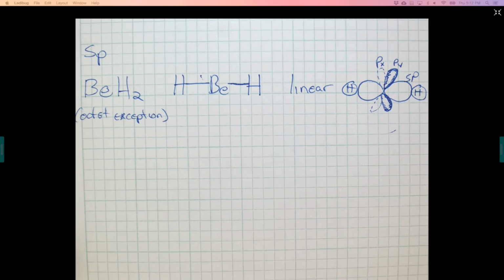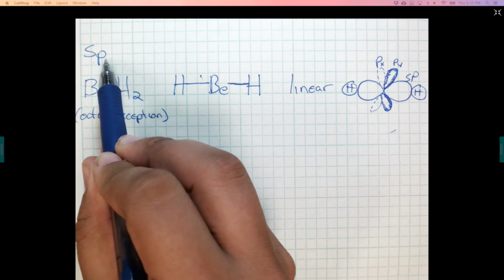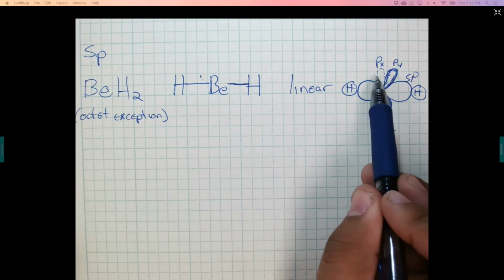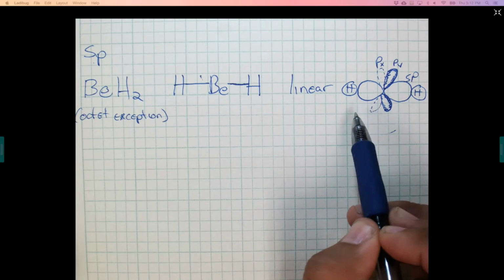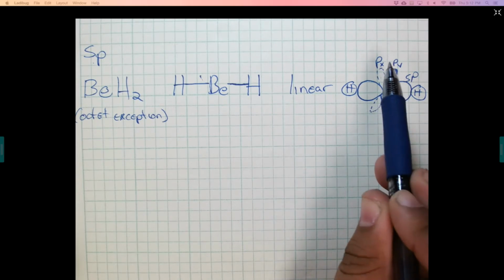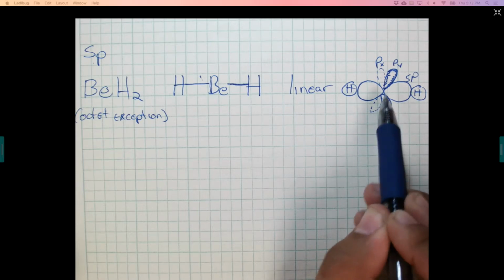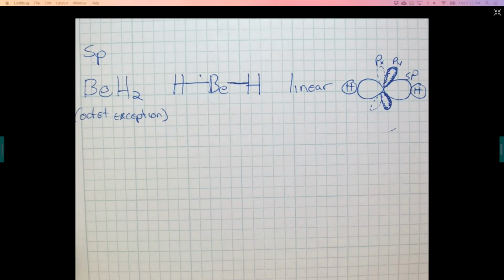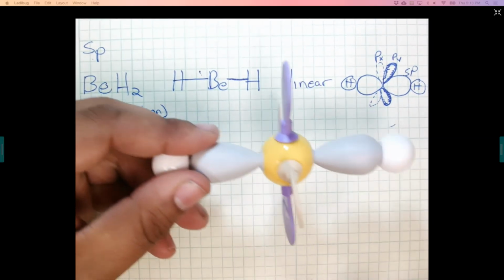Now, remember, because we have only used one s and one p, we have 2 p orbitals that are unhybridized and left over based on this theory, and these 2 I've represented as px, py, and remember, going into the paper is the dotted line, and then the darkened line is coming out of the paper towards you. Now, what does this look like in the model format? If we were looking at it from the side, it would look like such, right?